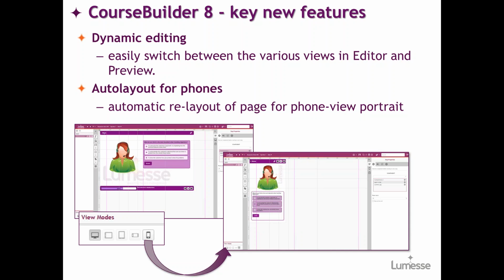For the phone portrait mode, we've also enabled what we call auto layout. It's basically a one-click option that allows CourseBuilder to relay out all of the content on a page into an appropriate format to be displayed on a phone.